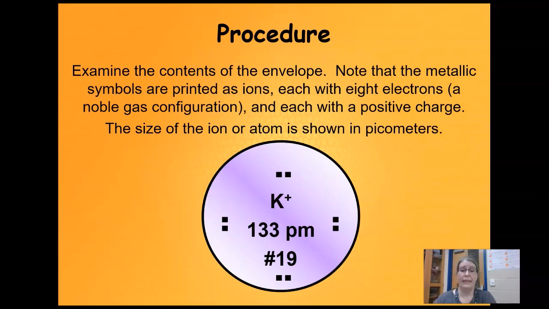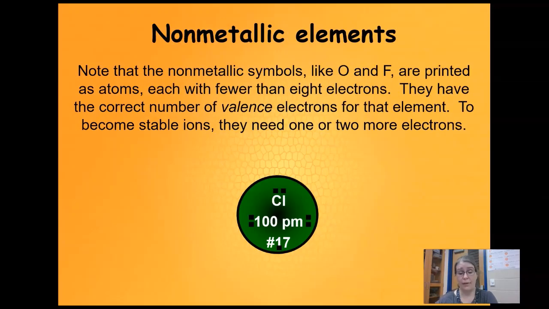So in the envelope or little baggie, you have metallic elements, and they're already printed as their ion. Of course, each ion would have 8 electrons, the octet, the noble gas configuration, and each would have an appropriate positive charge. The non-metallic elements are printed as their atoms. So they have the normal valence number of electrons for that element.